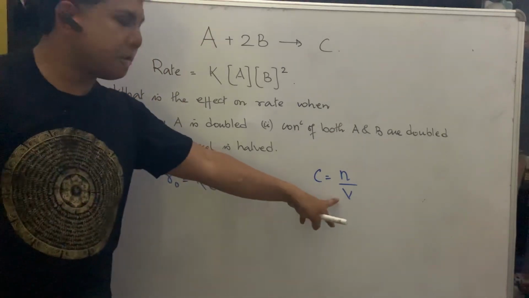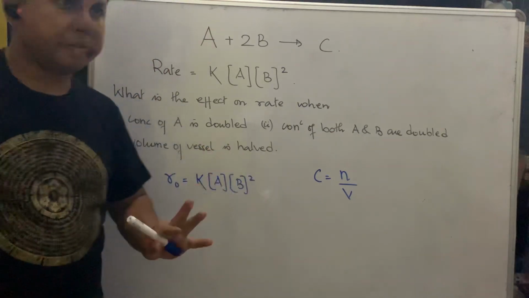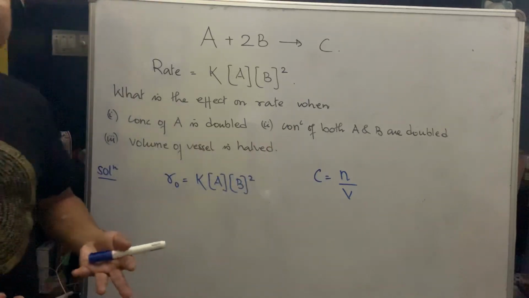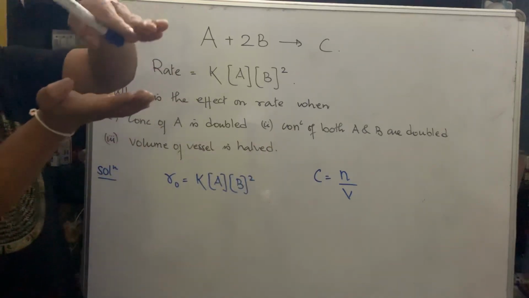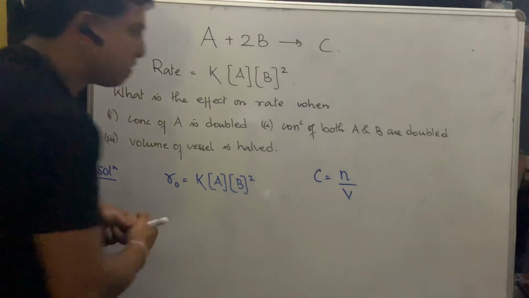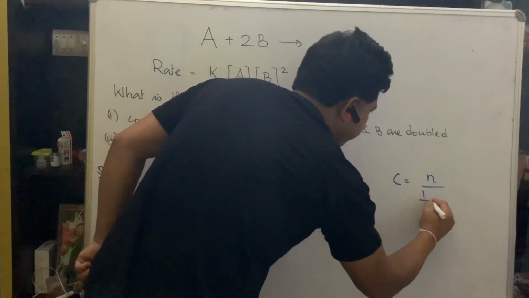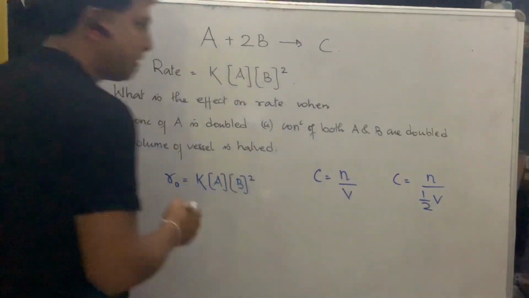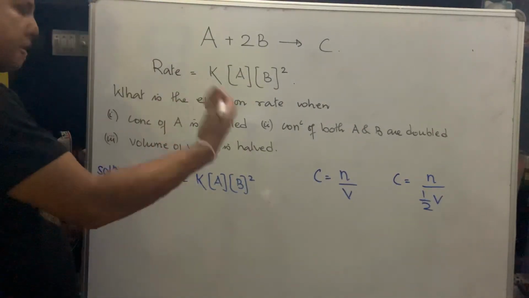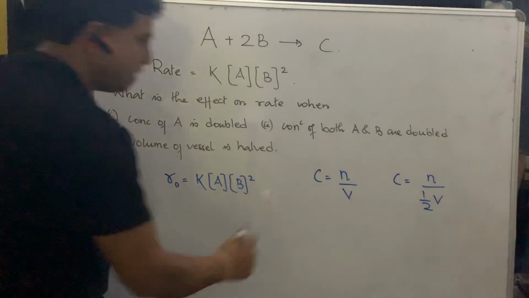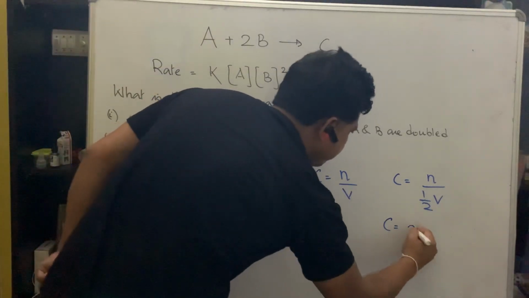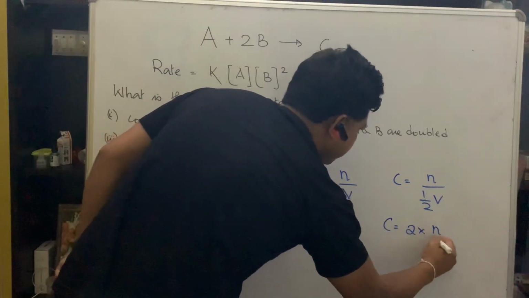Initially it was V, now it will be half of V. The number of moles will remain the same. So what is the new concentration? C is equal to n by V/2, which is twice n by V.